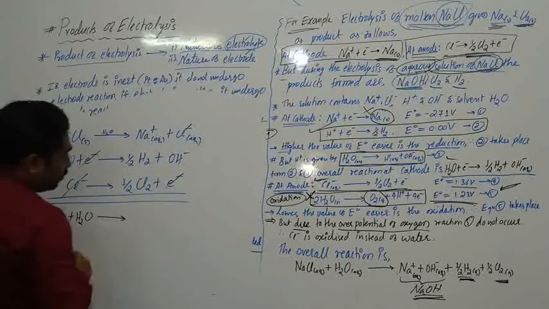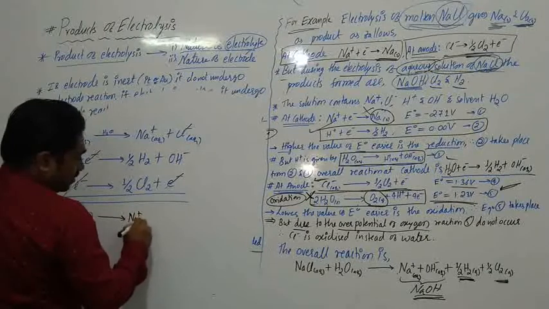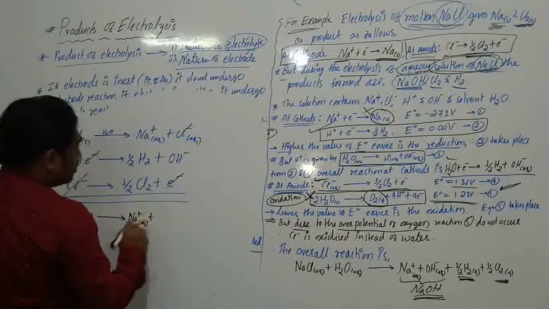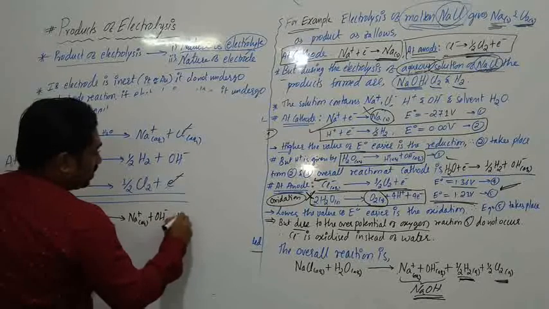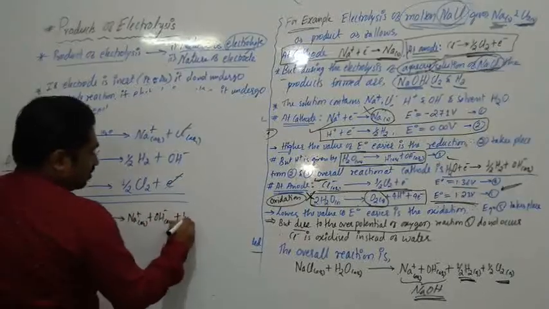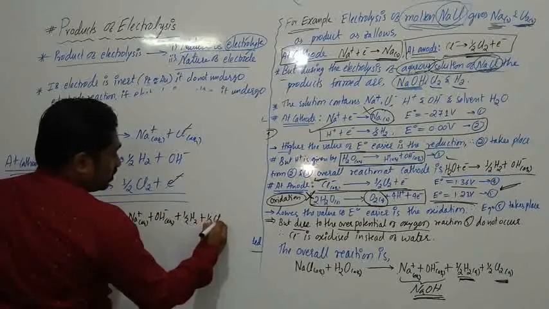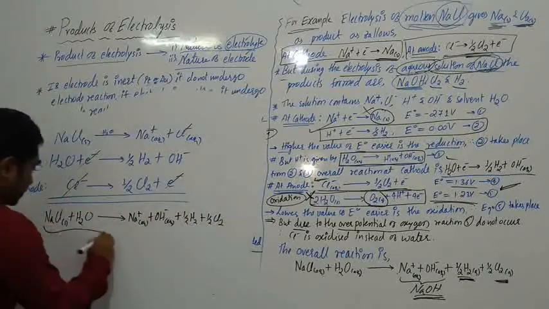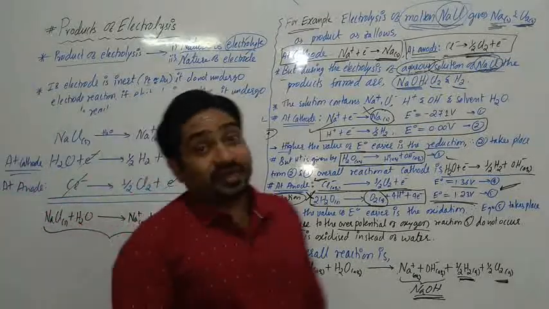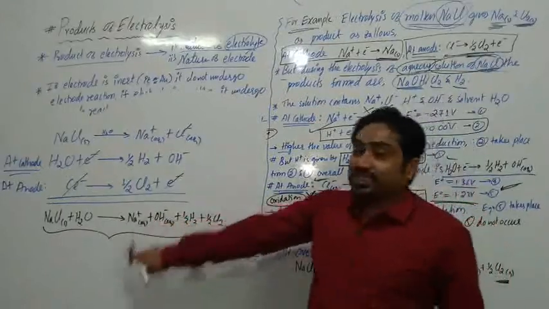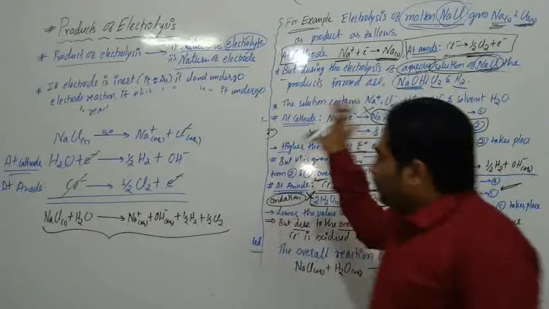It will give Na+ in the aqueous solution plus OH- in the aqueous solution plus 1/2 H2 plus 1/2 Cl2. So this is the entire chemical reaction taking place in the case of aqueous sodium chloride, isn't it?